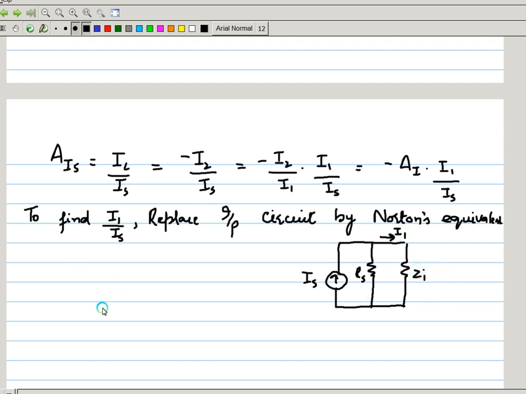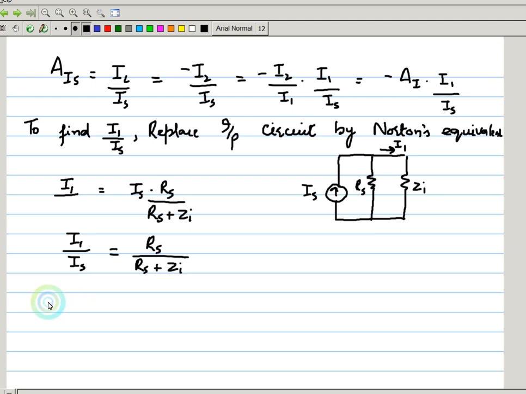The Norton's theorem says that the current flowing through the resistance path I1 will be equal to the current flowing through the opposite side, that is Is, times the resistance of the opposite branch, that is Rs, divided by the total resistance, Rs plus Zi. So I1 by Is equals Rs upon Rs plus Zi.